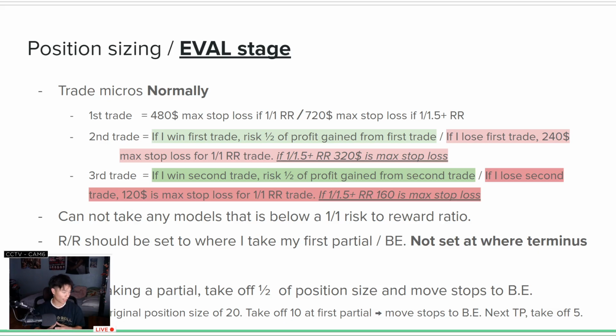But my second trade: let's say I do take a second trade, and I won my first trade. If I win my first trade, then I'll be risking half of the profits I gained from my first trade on my second trade. So let's say on my first trade I made 500. My second trade, I'll risk half of that, so I'll risk 250.